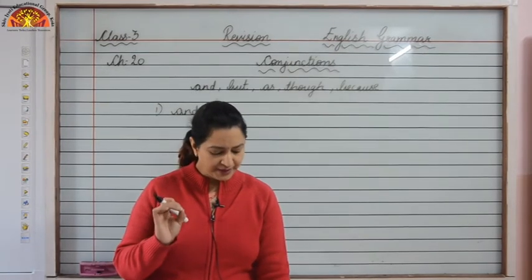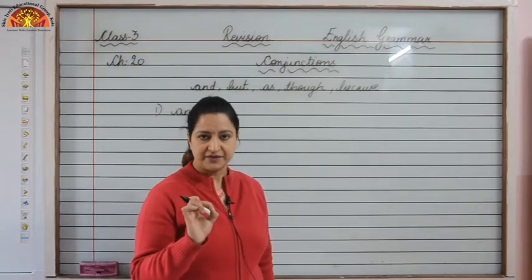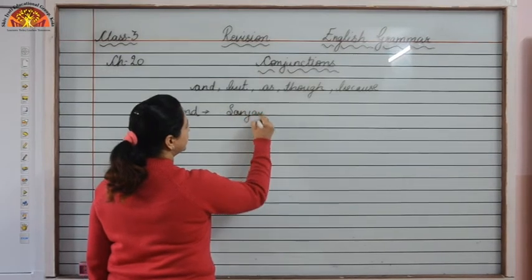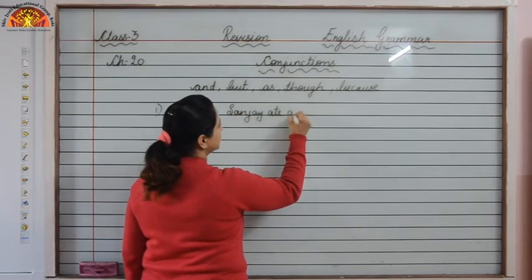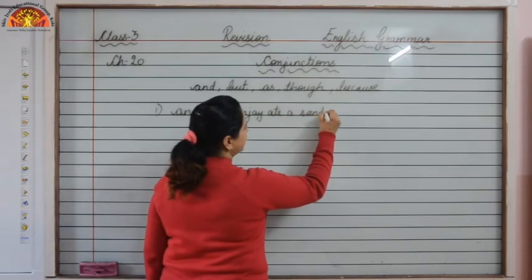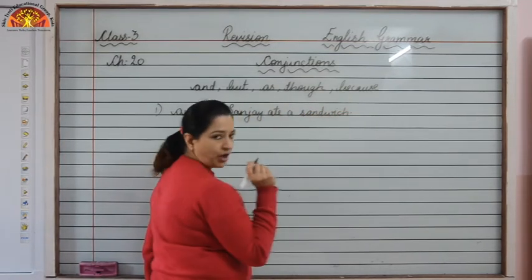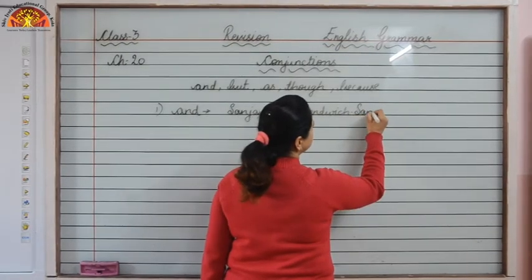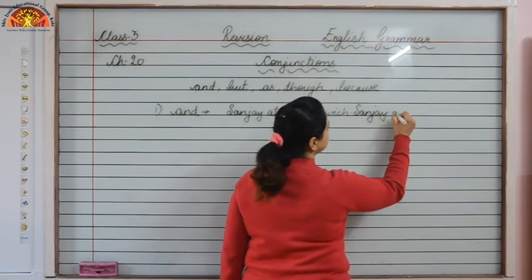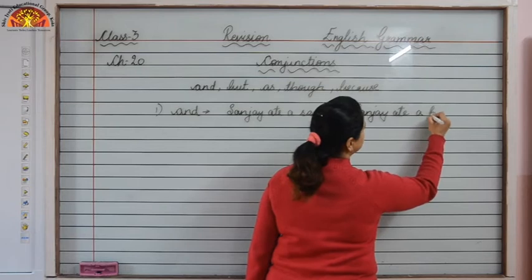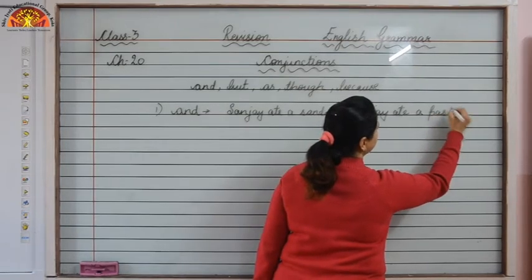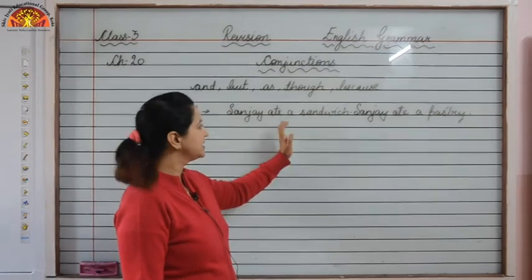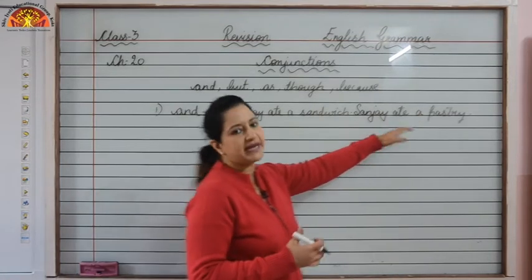Now one more example: Sanjay ate a sandwich. And again I am saying, Sanjay ate a pastry. Sanjay ate a sandwich and again Sanjay ate a pastry.